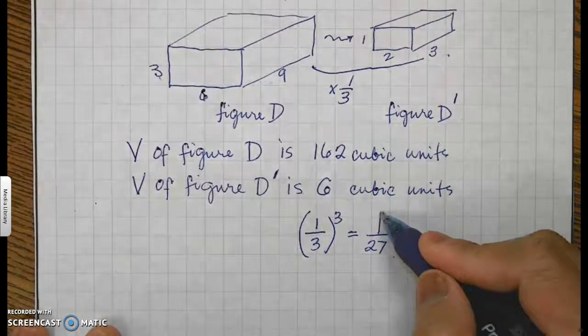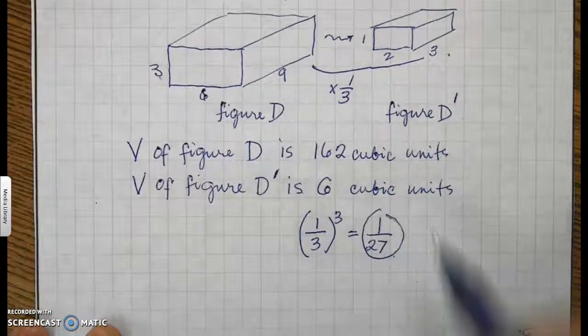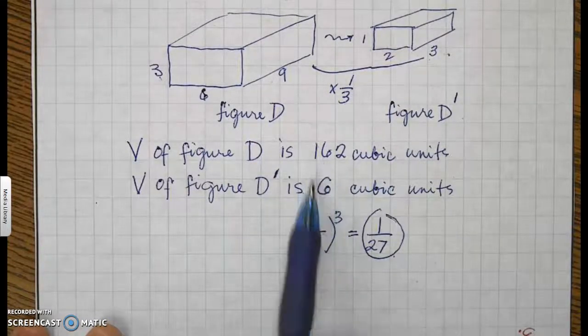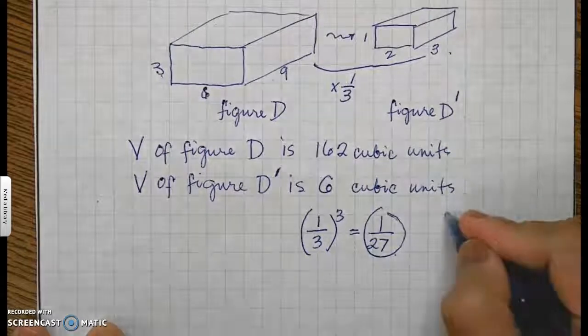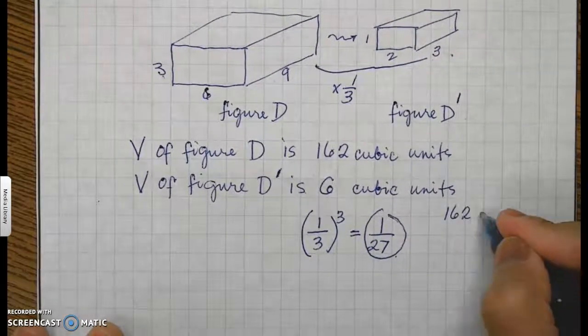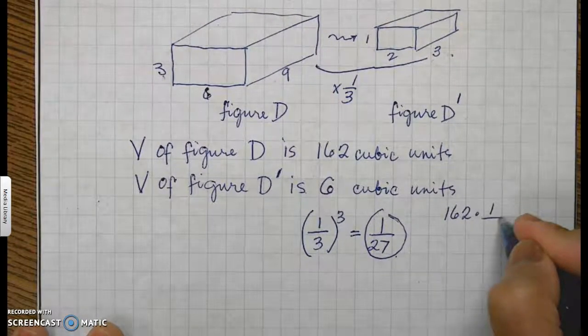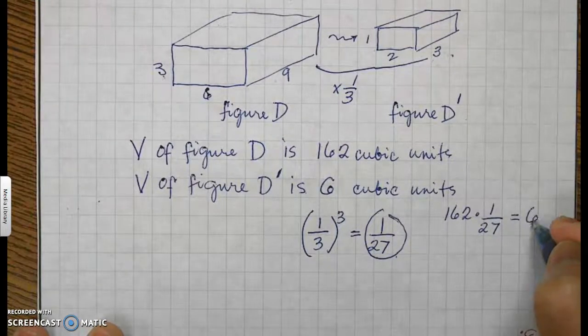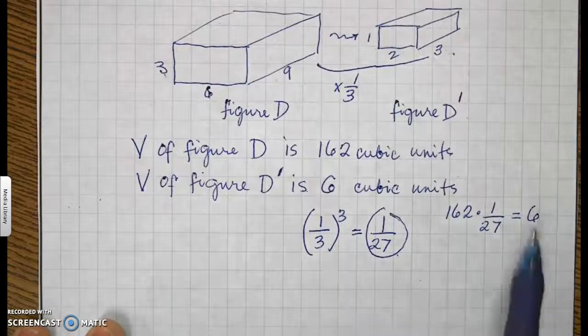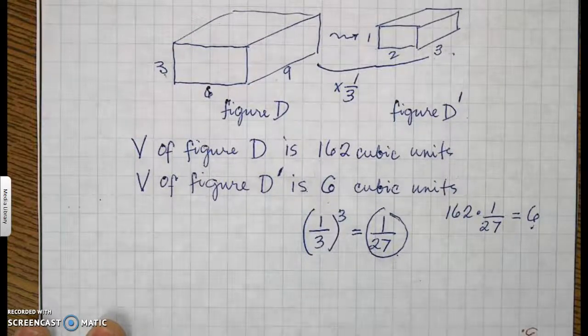This now becomes what you will multiply by 162 to get to 6. So let's try that. 162 times 1/27 gives you exactly 6. And that's how you get to the other figure, D prime.